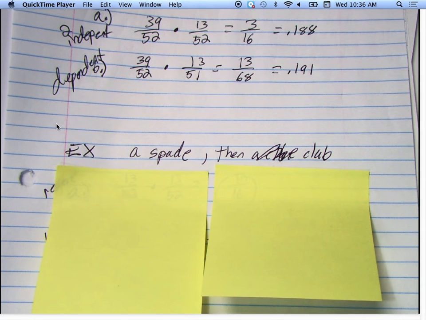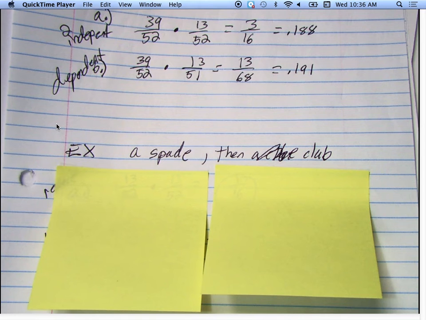A spade and then a club. I want you to do it both ways again. What's the chance of me pulling a spade, replacing it, and then pulling the club? What's the chance of me pulling a spade, keeping it, and then pulling a club?